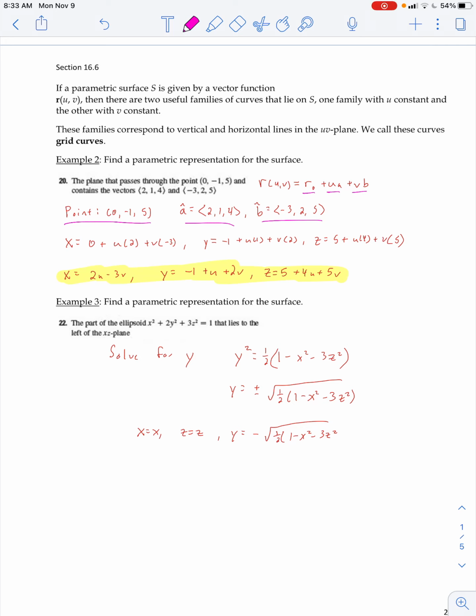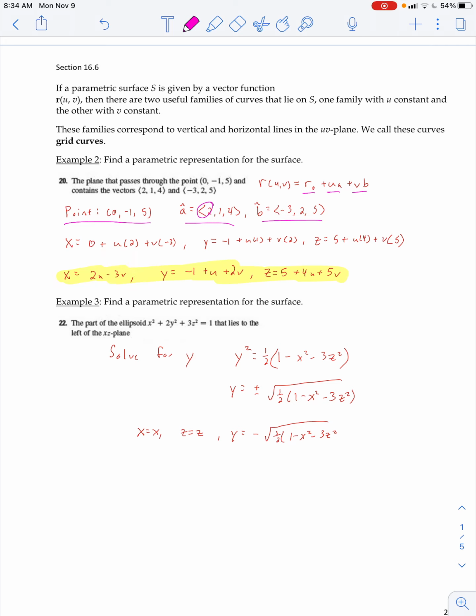So we start off with x. r sub 0 of x is just 0 from our point, plus u times a, which is our x component, plus -3 times v, the x component of b. There we have x reparameterized as 2u minus 3v.